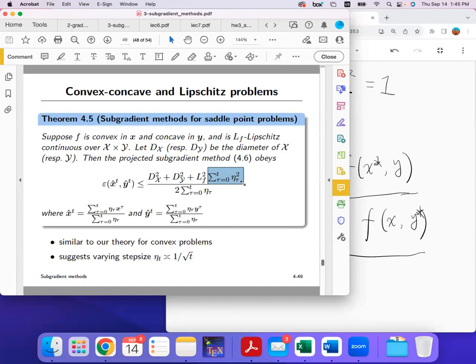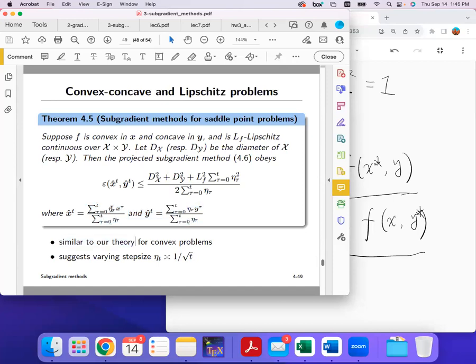We have seen a similar structure in the subgradient methods for minimization problems. These x hat t and y hat t are special. They are not the variables that you obtained at iteration t. They are a weighted combination of all the points that you obtained in the first t iterations.